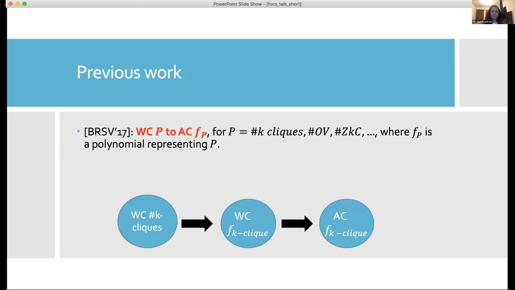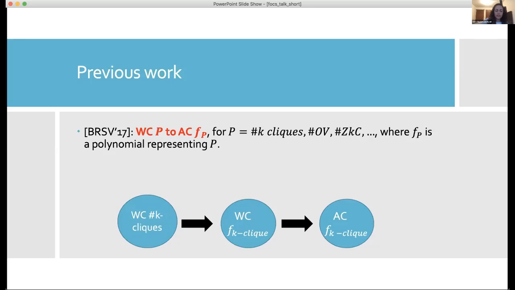Okay. So I'm going to list all the previous work that used this simple approach that I mentioned a couple of slides ago. Let's just start with Ball et al.'s paper. What they did was that for several problems like counting K-cliques, counting orthogonal vectors, counting zero K-clique, etc., they reduced worst case P to average case F sub P, where F sub P is a polynomial that represents P, meaning that if you treat the input of P as a 0, 1 vector and give it to F sub P as the input, then P and F sub P produce the same output.